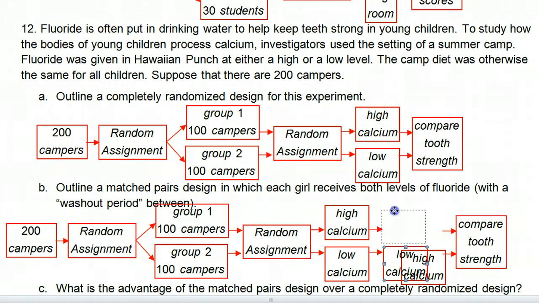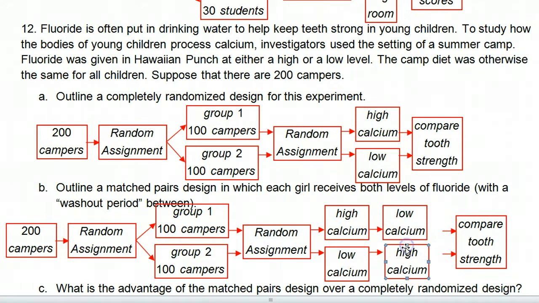If a girl already did high calcium, then she's going to do low calcium. If she already did low calcium, then she's going to go high calcium. So we'll just switch those up. That's the key to your matched pairs, is that each girl does both treatments.